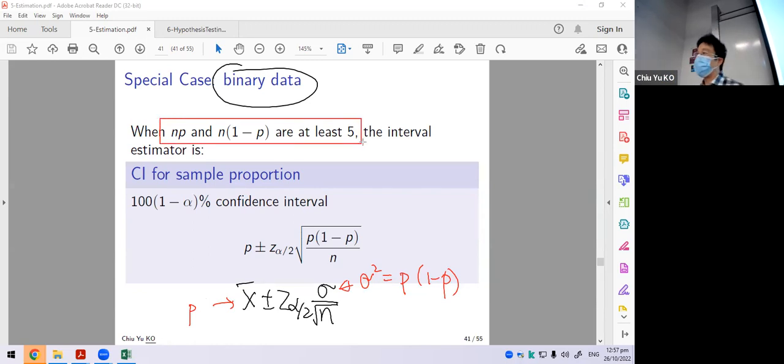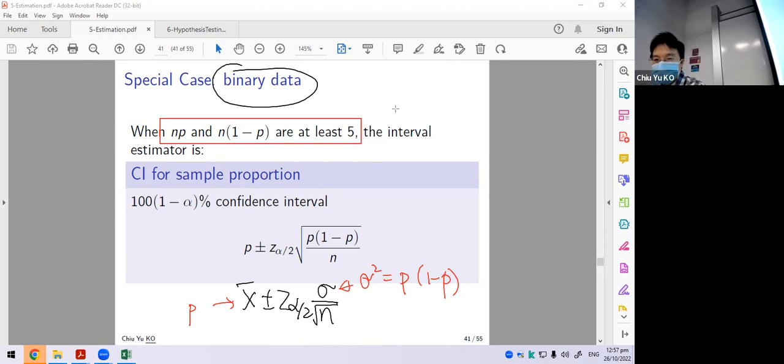The only thing you need to worry about is this condition: they must be at least 5 for this to be a good approximation. Basically, what we're showing you is just another formula for when you calculate the proportion, and this is the interval. It's another formula, but very straightforward, because everything is the same, just with binary data.